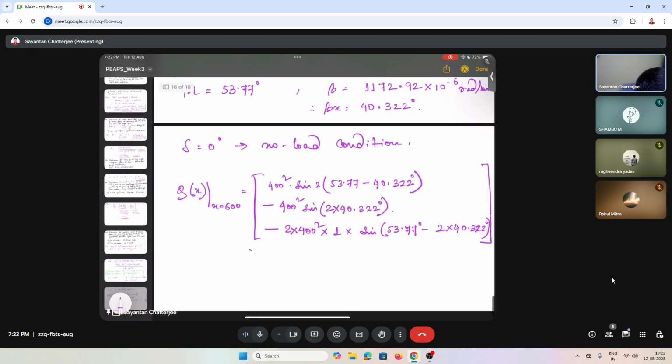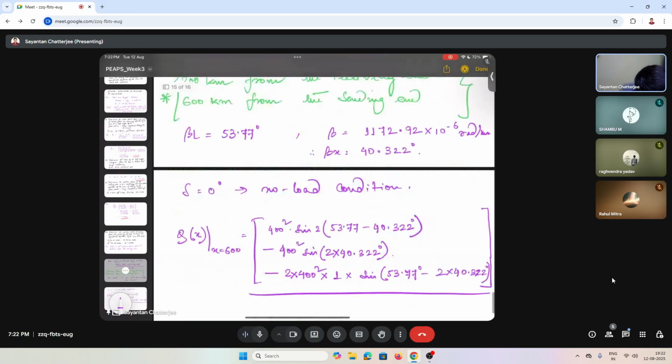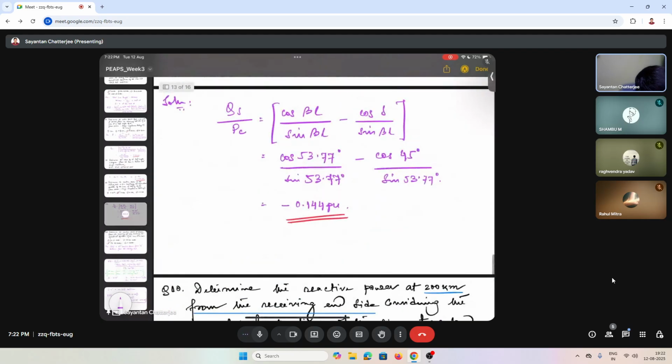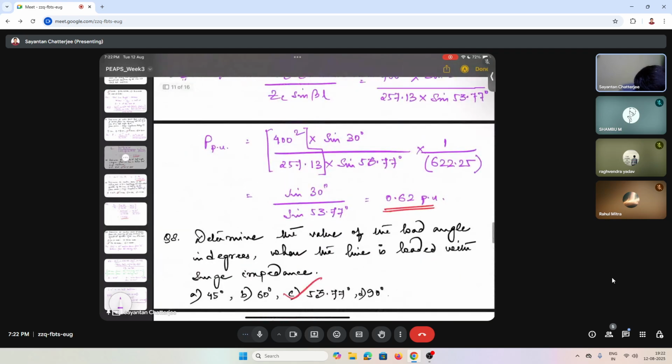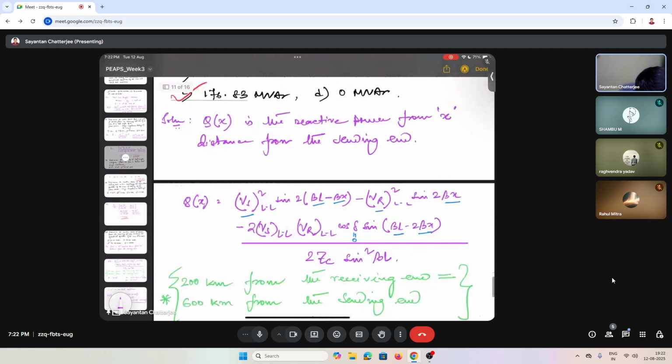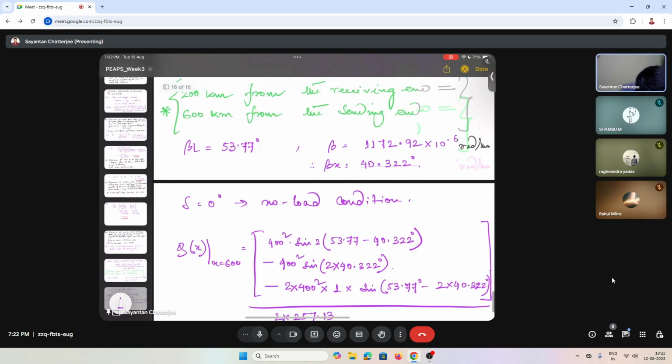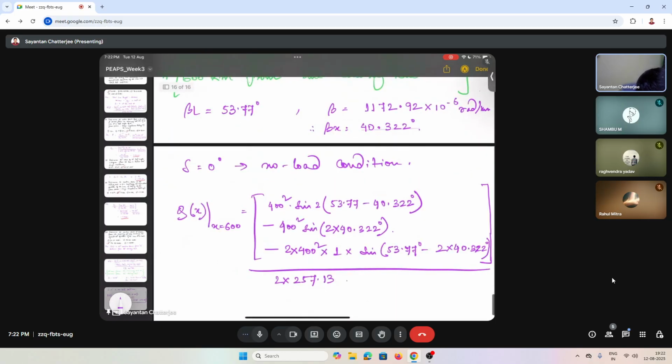And for the denominator part, it is 2 into Zc. So 2 into Zc is 2 into 257.1 and sine square beta L. So that's it.